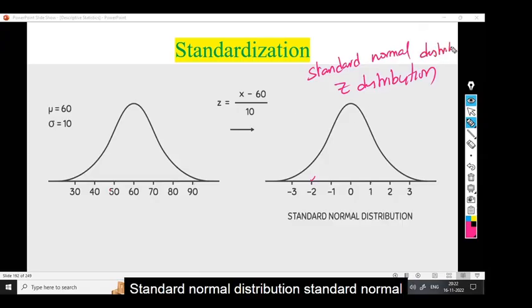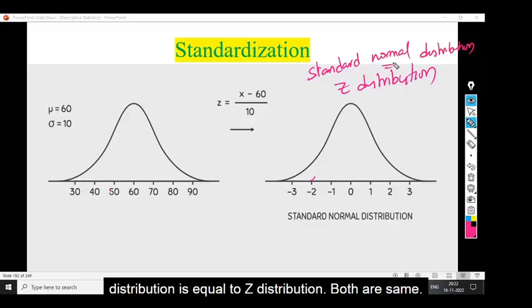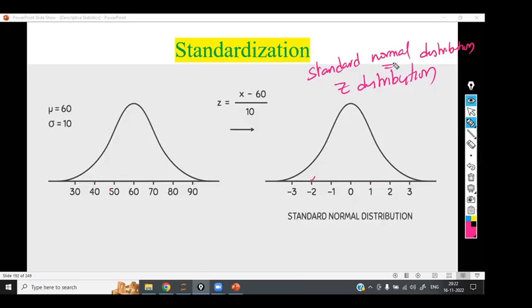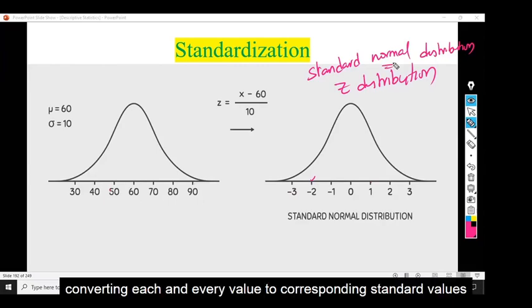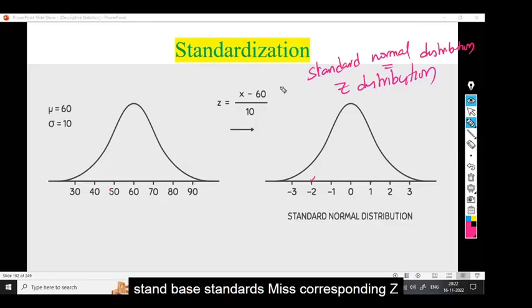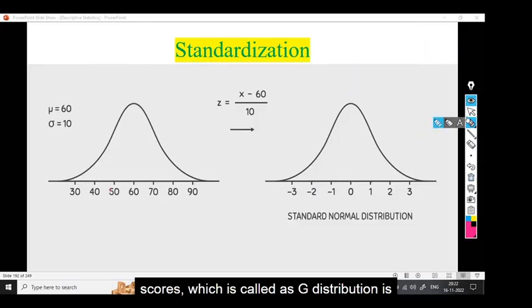Standard normal distribution is equal to Z distribution; both are the same. Standardize means converting each and every value to the corresponding z-score.